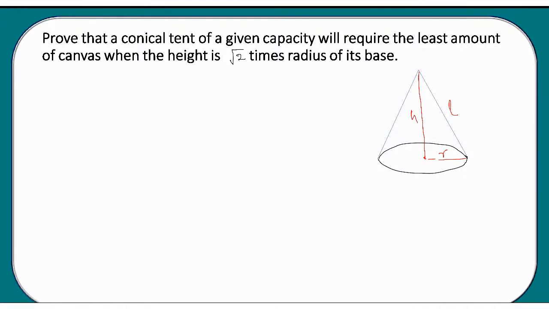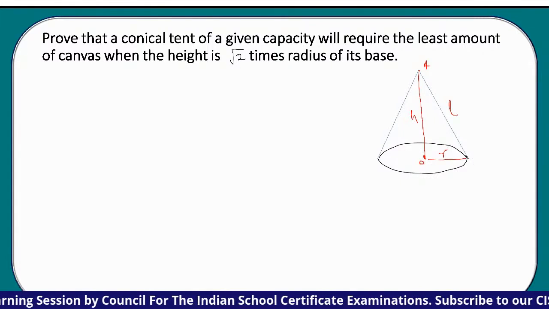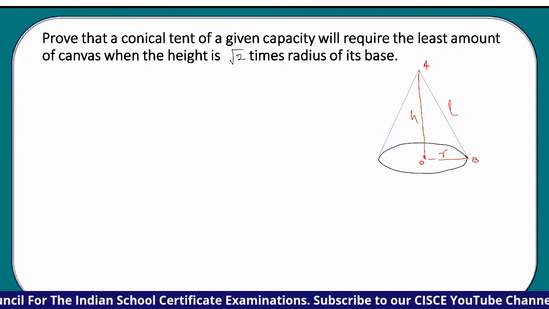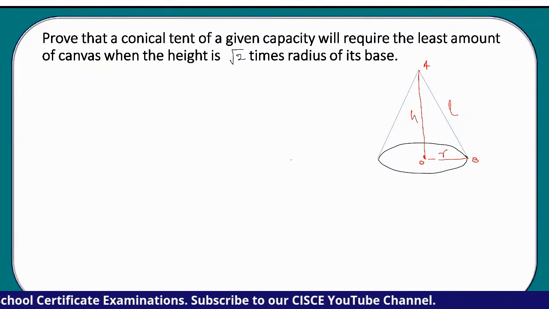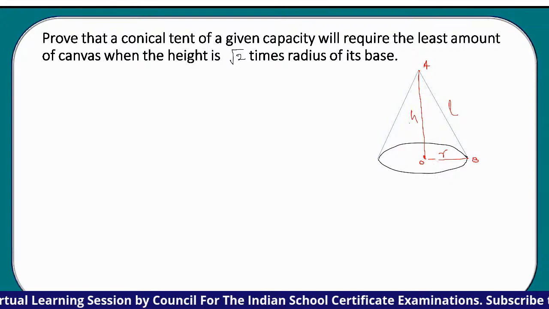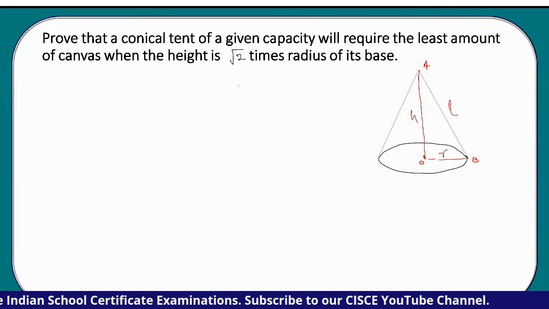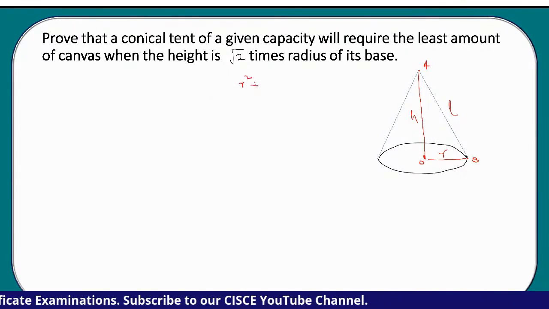Consider this vertex is A, the center of the base circle is O, and a point B on it. We know the relation between radius, height and slant height of the cone: R square plus H square is equal to L square.